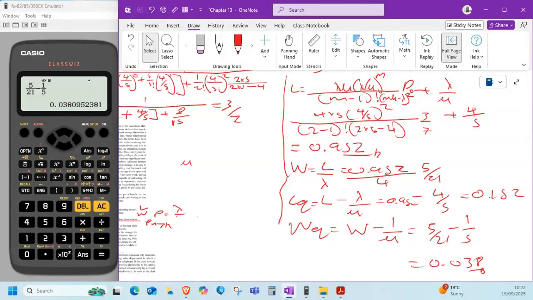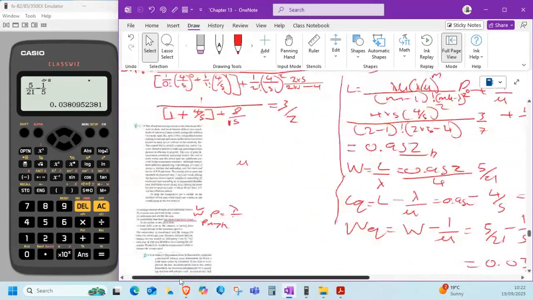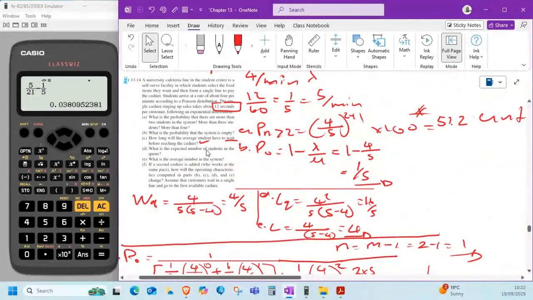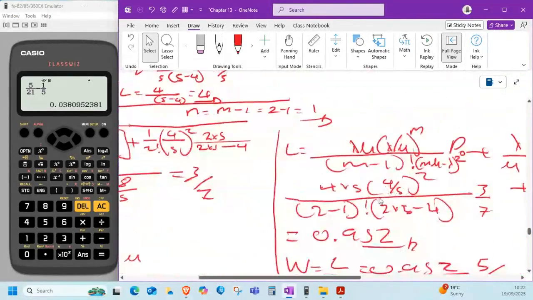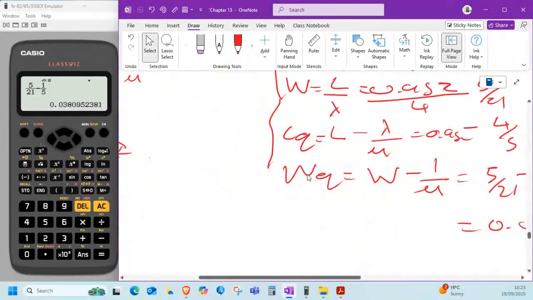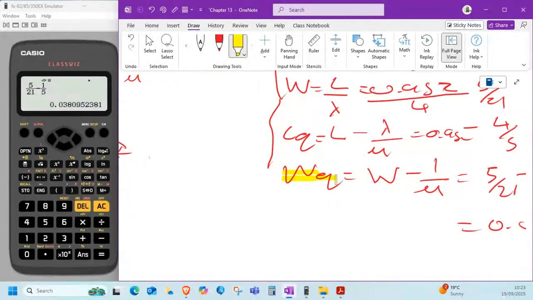And once you got that, obviously we did the Q. So you just label the other ones that you are supposed to find. Because we found everything, you then say, okay, what is the expected number of students in the queue and also in the line? You see that this one has already been found. It helped us to find WQ, but it's also one of the things that they asked in the test.